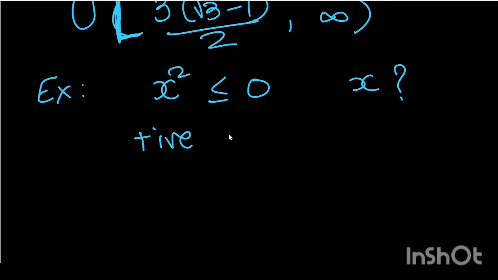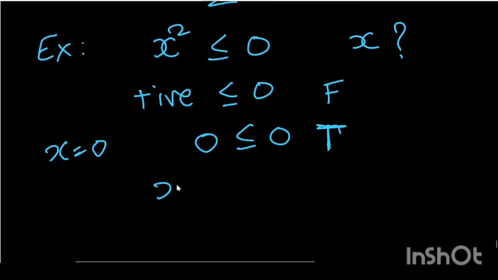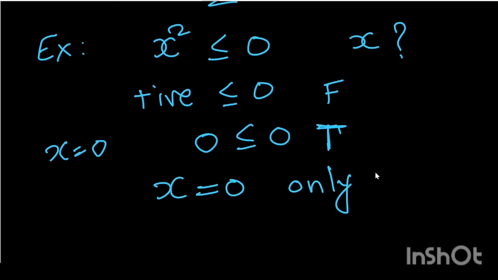If you substitute any positive or negative number, less than 0 won't be satisfied. Equal to 0 also it won't satisfy. So this will always be a false statement. Only one possibility, when x is 0, it will satisfy 0 less than or equal to 0, which would be true, isn't it? So we can say that x square less than or equal to 0 means x is 0 only. It is only one solution.